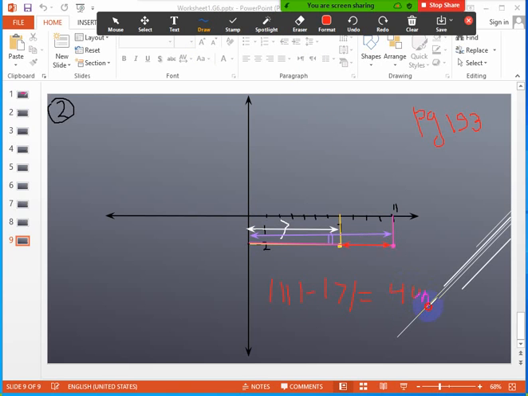This is the answer. Here I have to subtract between those coordinates.